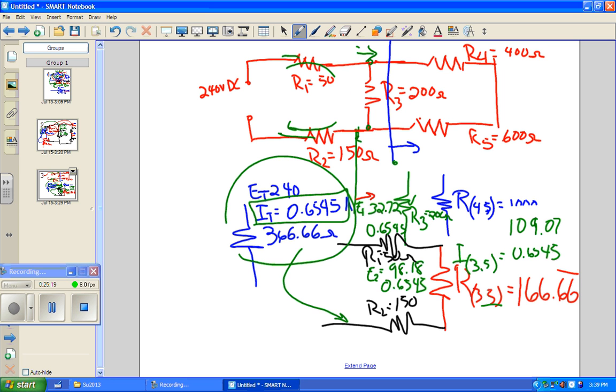And so we have 109.07 volts, and that's the amount of voltage being dropped across this equivalent series resistor that is represented by that green line. Okay?